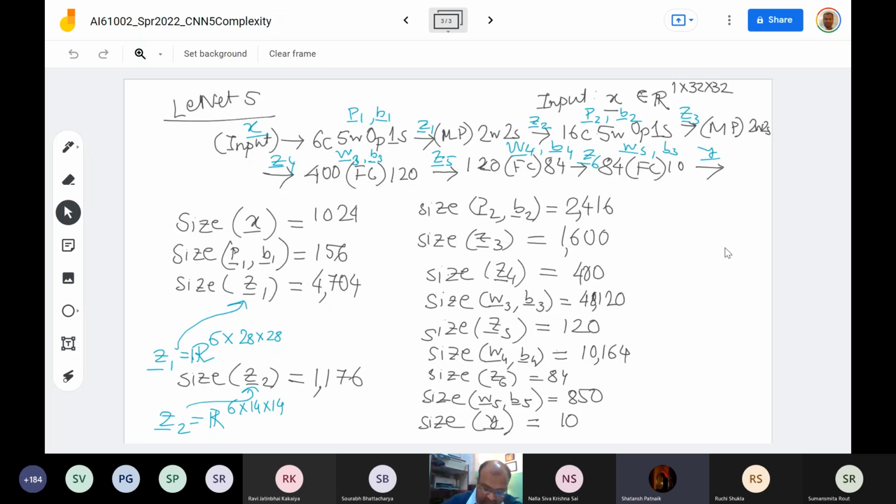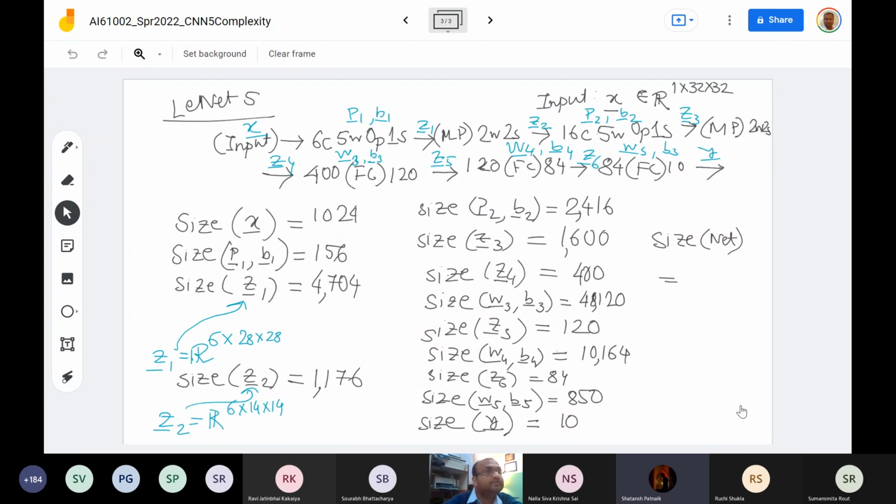What is the size of this network? 70,824 is the total parameter number.